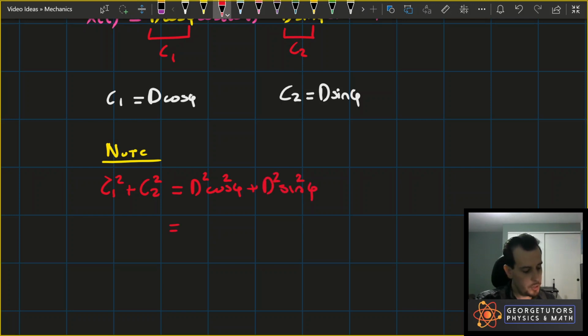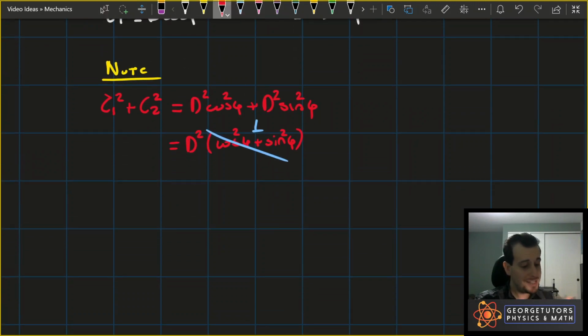And obviously here I can just factor out d squared, and we know very well that the sine squared plus cosine squared is nothing more than just 1. So basically what I'm telling you is that you can determine d right now if you take the square root of C1 squared plus C2 squared. Done and done.